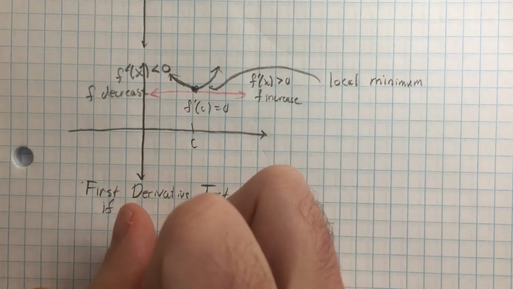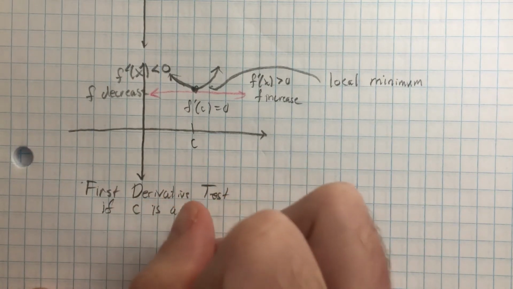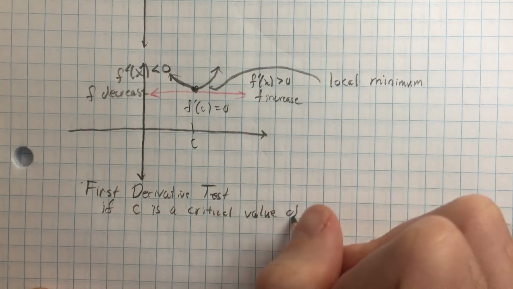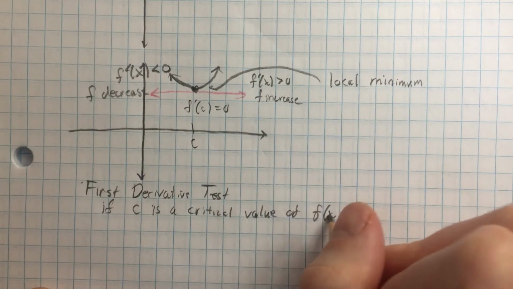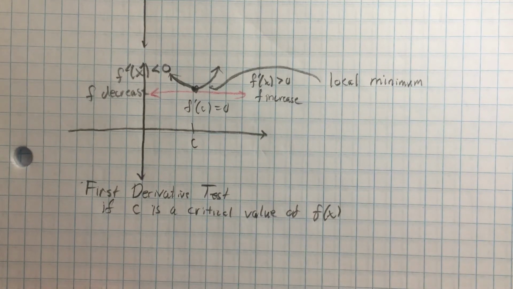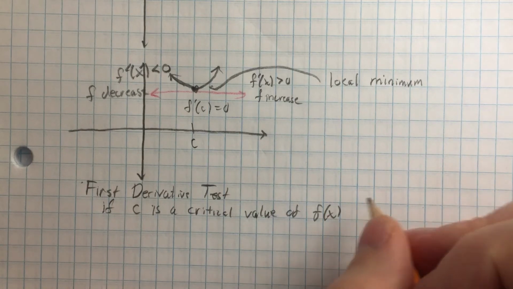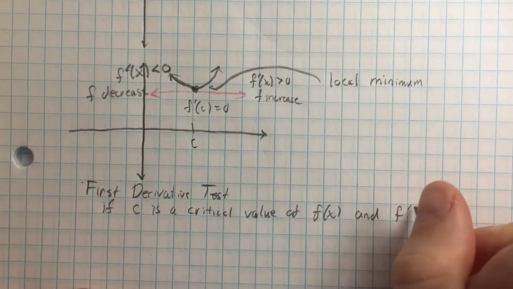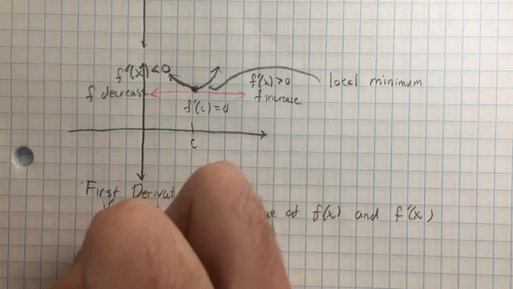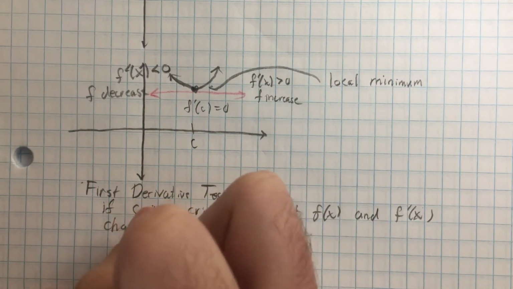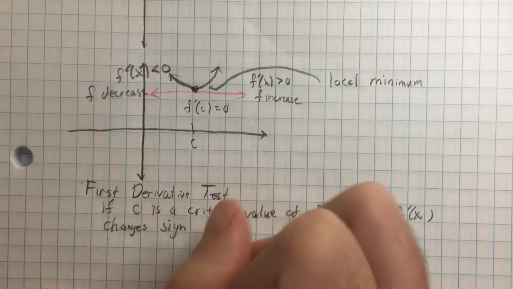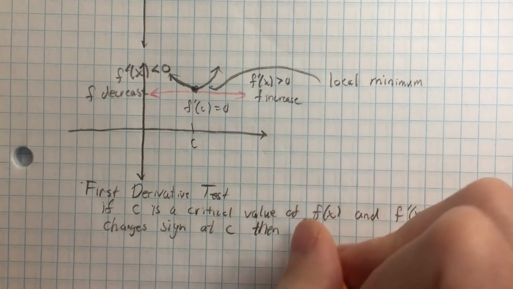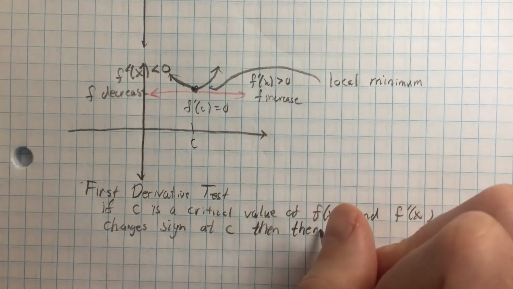If C is the critical value of the function, which means what? It either makes the first derivative 0 or undefined, and simultaneously f prime of x changes sign at C, then there must be a relative extremum at C.